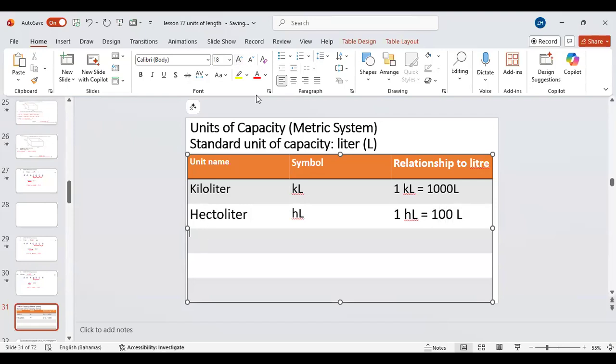Then we have a decaliter, which is DAL. And 1 DAL is equal to 10 liters.